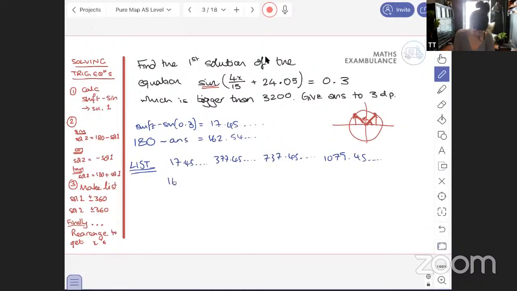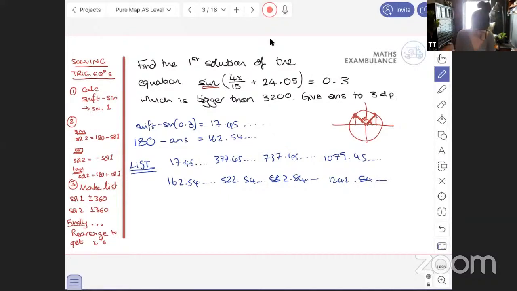So I'll take the other one, solution 2, 162.54, but keep loads of decimal places. Add on 360, 522, blah. Add on 360, 882, blah. Add on 360, 1242. Right, bit bored, stopping now.